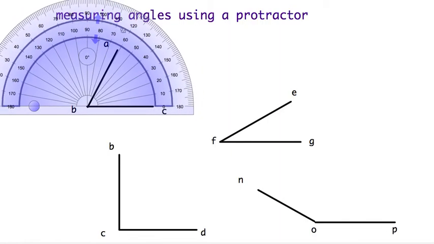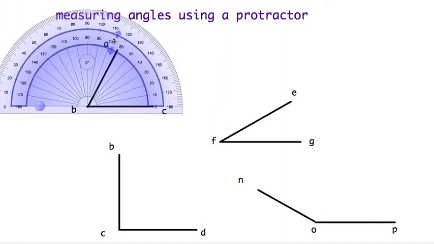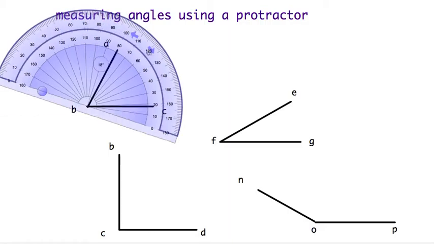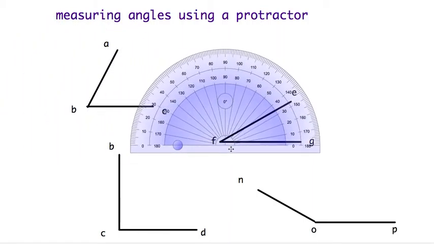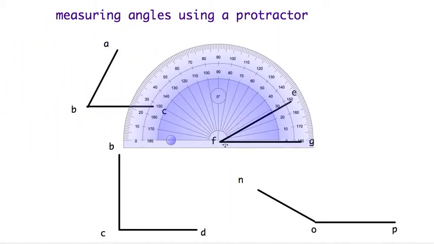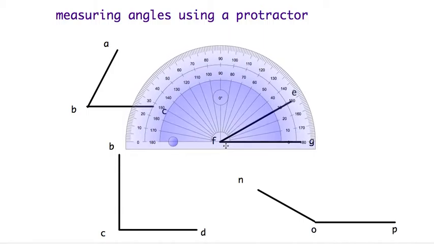Moving on to the next angle. I'm going to put it right here on the vertex where the rays meet, making sure it's right on 0. Again, here's my 90 degrees. Is this bigger or larger? It looks smaller.